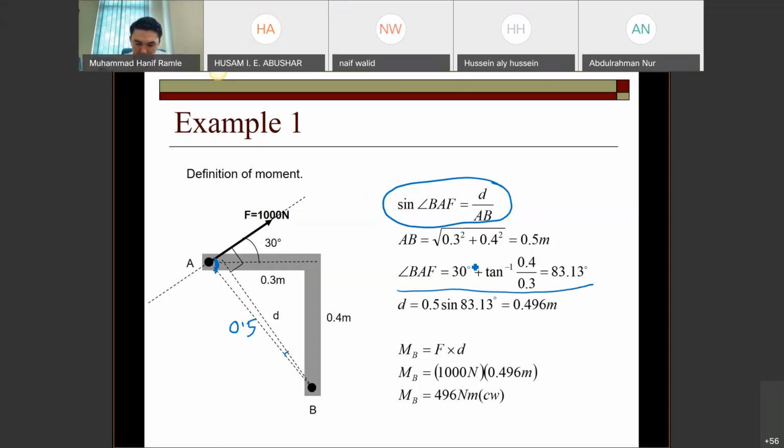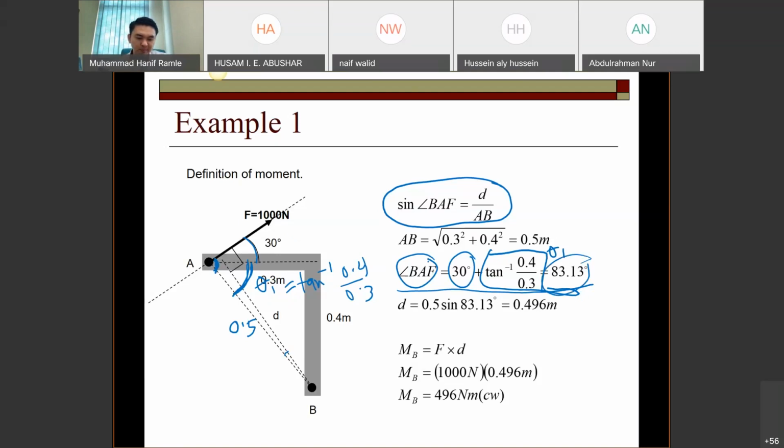So the 30 degrees is from here, and you have an additional angle here. Let's say I put it as theta 1, equal to inverse tangent of 0.4 over 0.3, using trigonometry. So 30 plus theta 1 will give you the BAF angle.